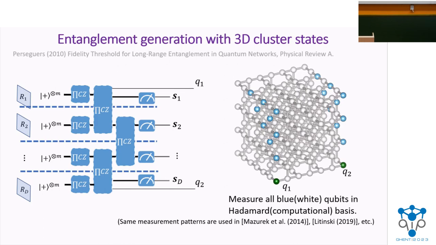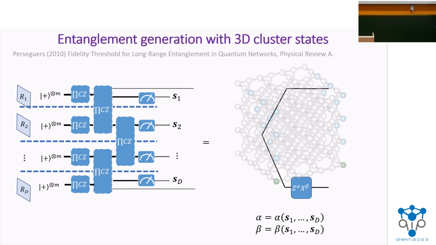He used what I call a triangular pattern, such that he measured out all the blue qubits here with the shape triangle in the Hadamard basis and all the white qubits in the computational basis. What he showed is that the post-measurement state is a Bell state with Pauli correction Z alpha and X beta.